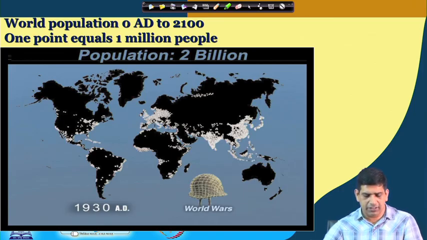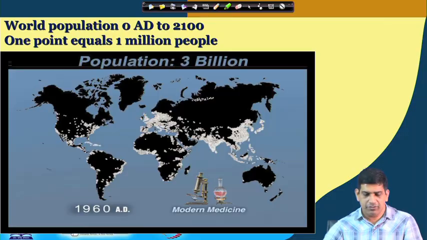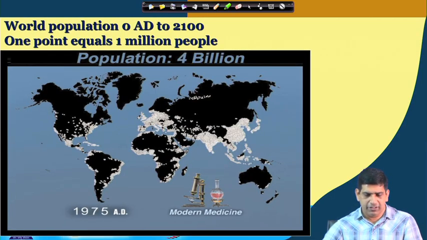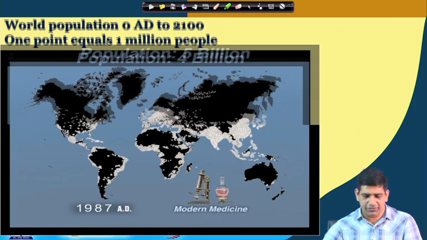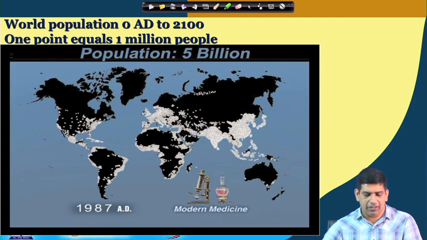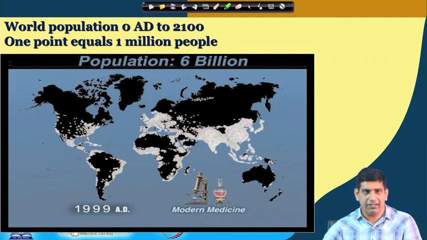And then in 1960 we hit 3 billion. In 1975 we hit 4 billion, and you see India, China and other places are getting lots and lots of white dots. 5 billion in 1987, and in 1999 we hit 6 billion. So, if you look at the number of years we take to increase by a billion, it is much faster.